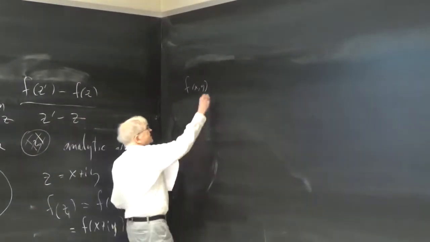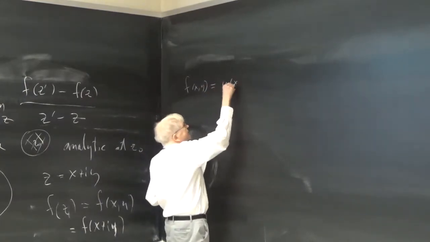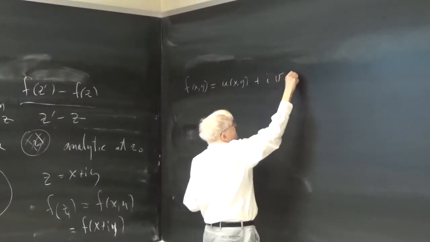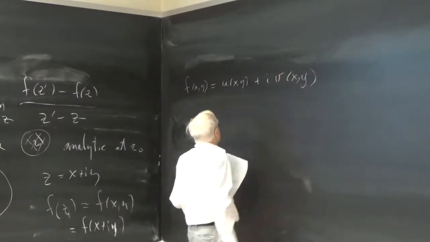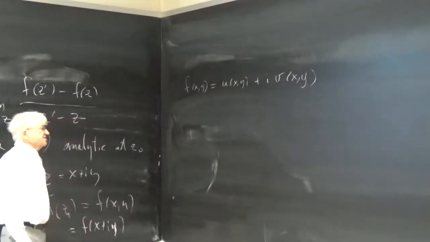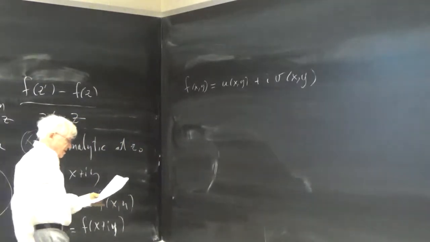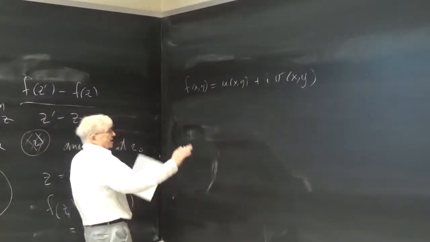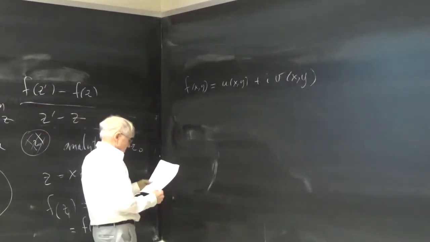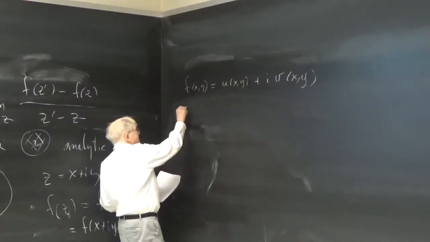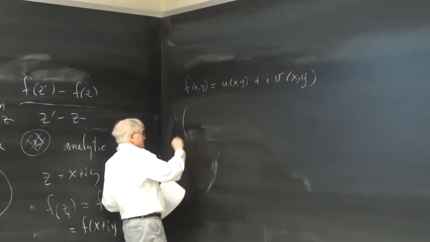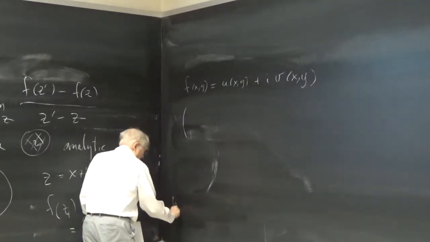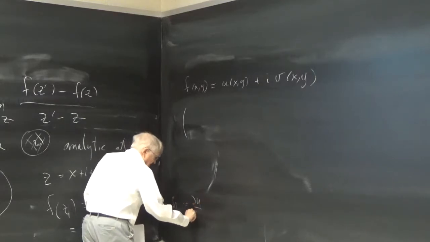And so if you're given a function that's u of x and y plus iv of x and y, then you would ask yourself, is this an analytic function? What you do is apply this definition to the function, and what would that be? Well, let me use the notation that u sub x is partial u partial x.